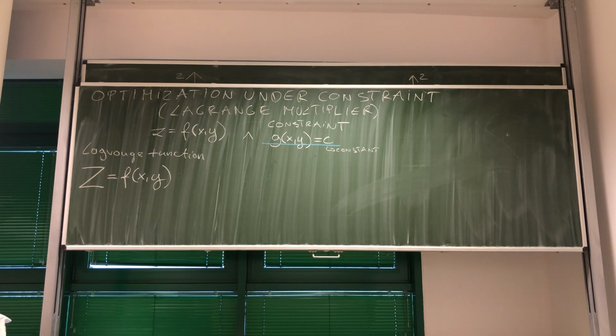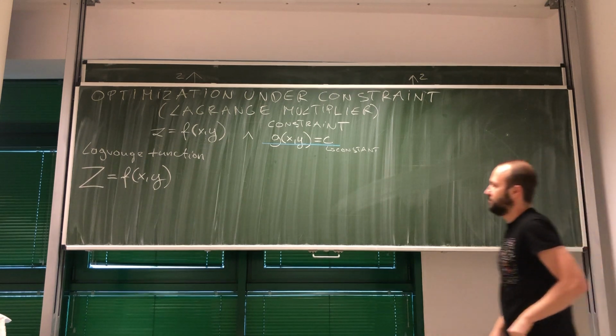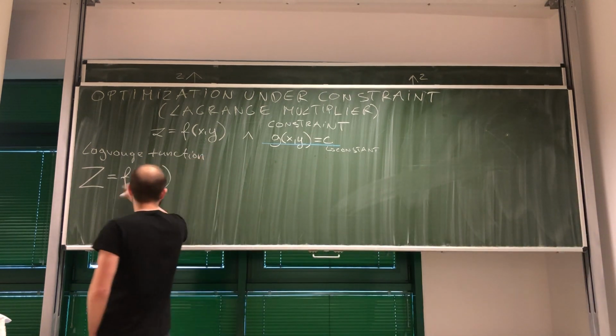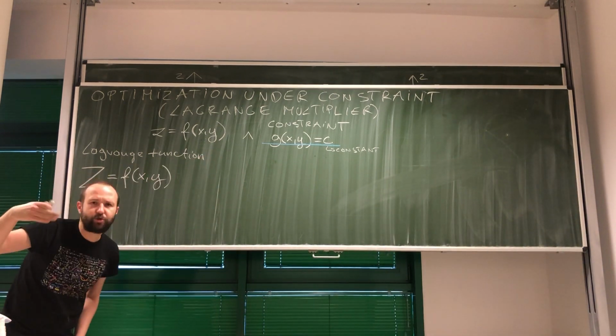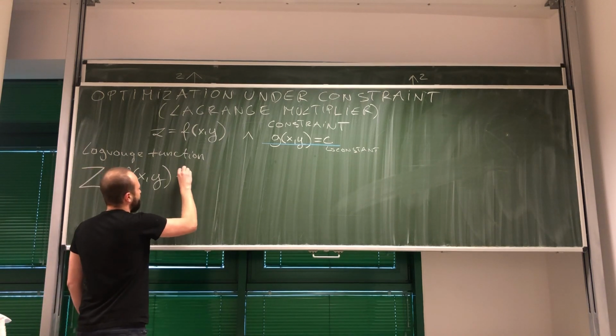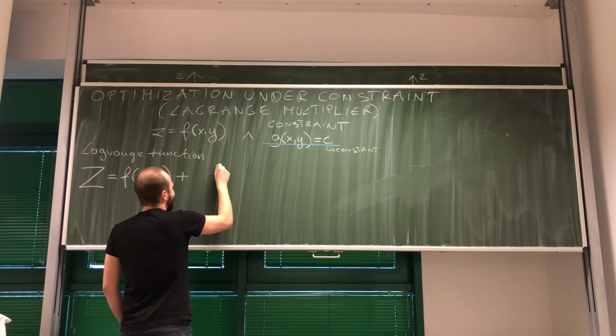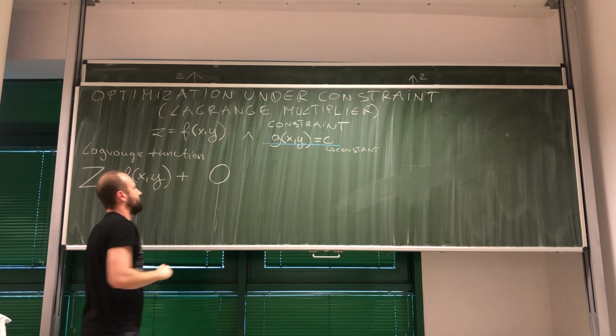So I don't want to change this function at all. What can I do over here to do something with it, but actually not change it, is that I can add 0.